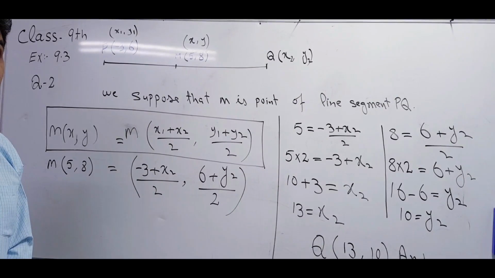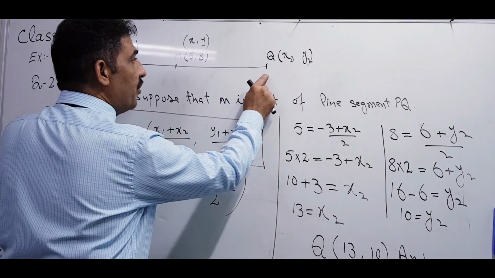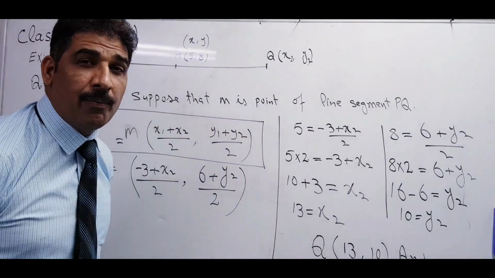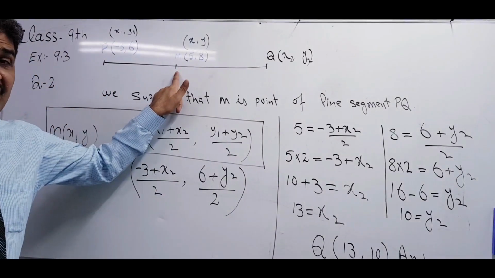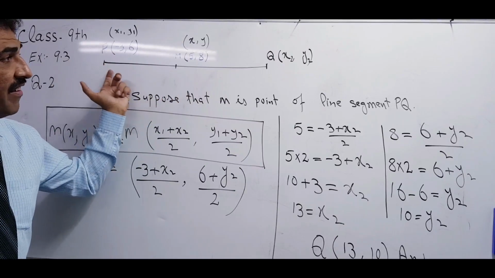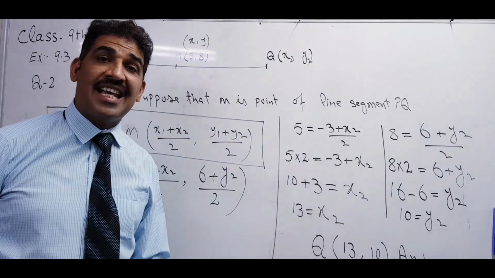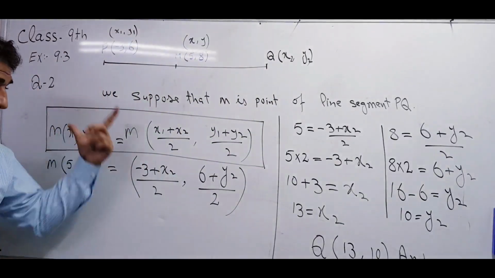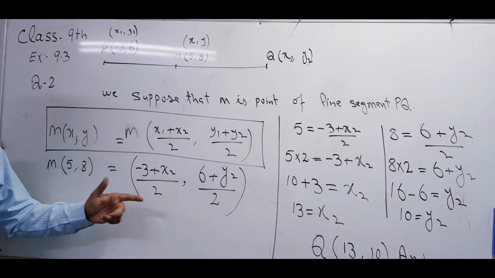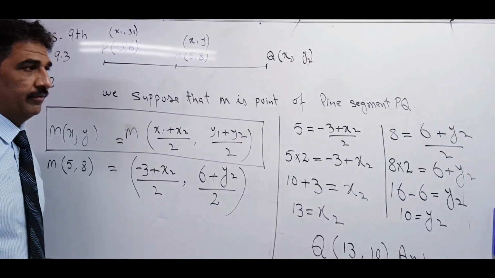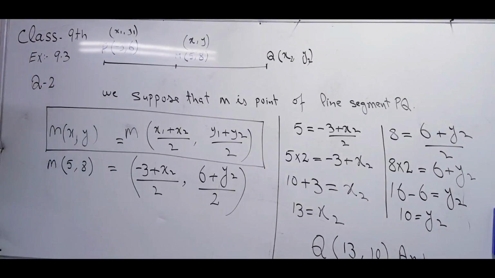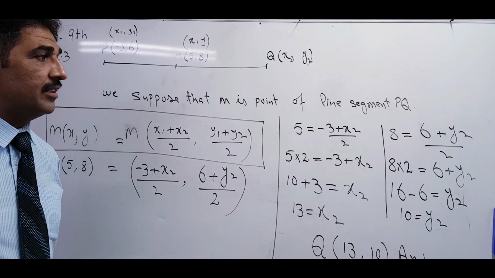In question number 2, the midpoint is given and one endpoint is given. We have to find out the second endpoint. The same formula we will use, but there is a little change in the solution of this question. You are absolutely correct. Now try to solve its next part.